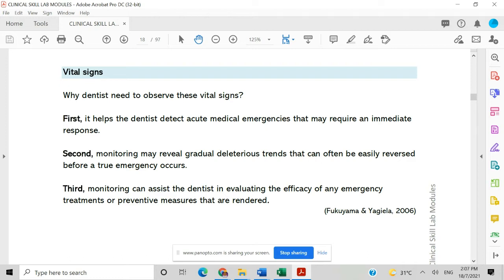Secondly, it is part of the monitoring system, which may reveal gradual deleterious trends that can develop and then be easily reversed before the true emergency occurs. If you detect early, you can stop it from getting worse, or even reverse it. Third, as part of the monitoring, you can evaluate the efficacy of any emergency treatments or preventive measures that are given to the patients at the time.